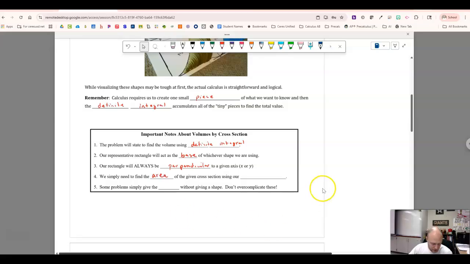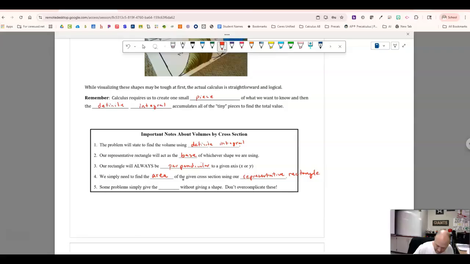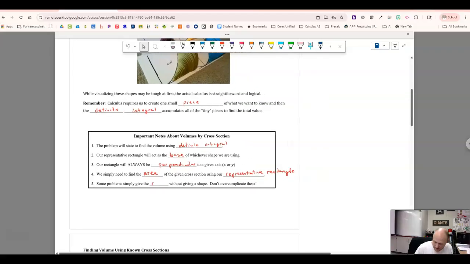Of the given cross-section using our representative rectangle. Some problems simply give the area, and these are the easy ones.